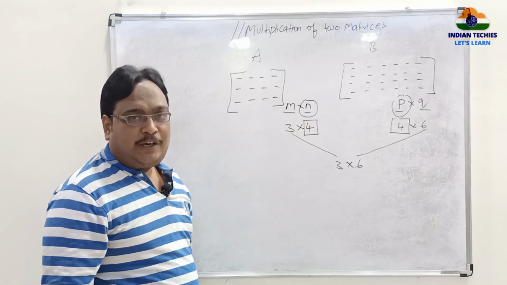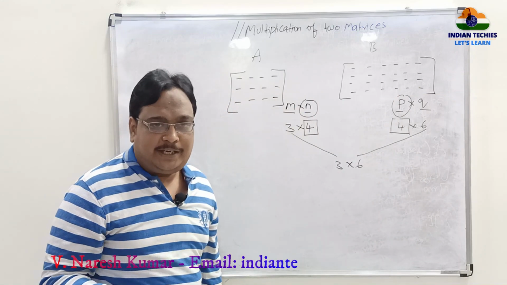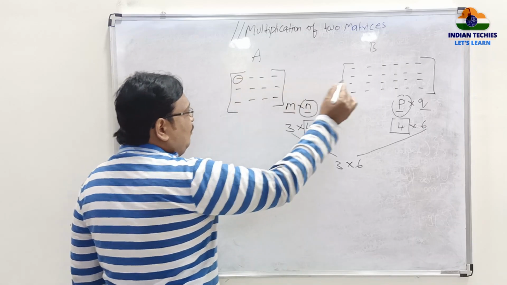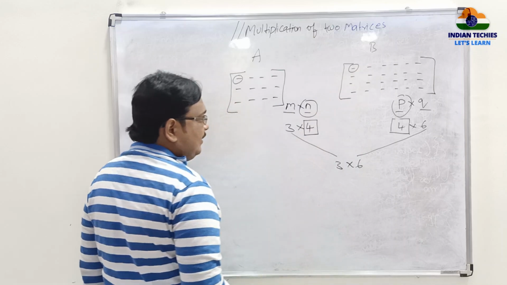Now if I want to perform it, how is a matrix multiplication generally done? Take the first value in the A matrix and the first value in the B matrix.